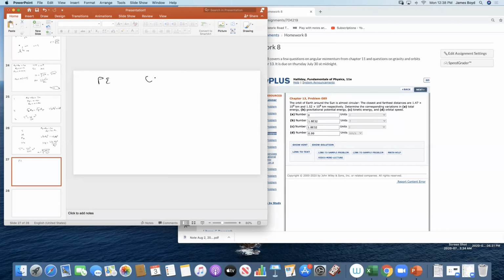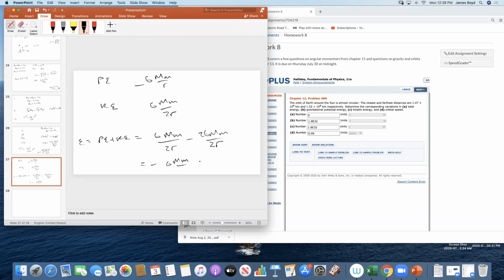Now, the potential energy is negative GMm over R. The kinetic energy is GMm over 2R, and the total energy is PE plus KE, which is GMm over 2R minus GMm over R. If I subtract these, multiplying this by 2 over 2, I see that the total energy is negative GMm over 2R.